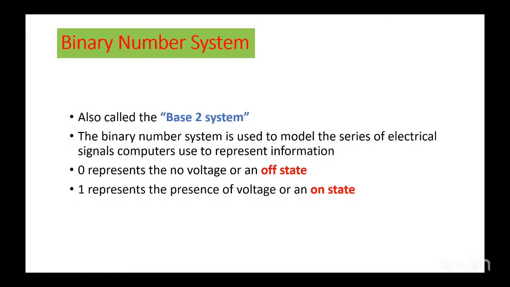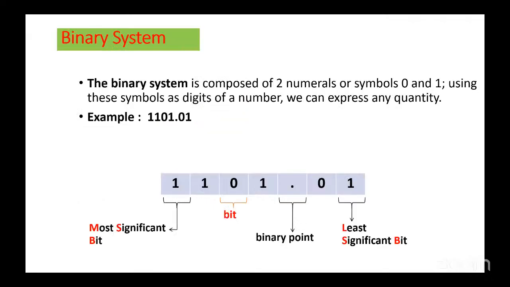So what is 1? 1 is the on state. 1 represents the presence of the voltage, or the on state.